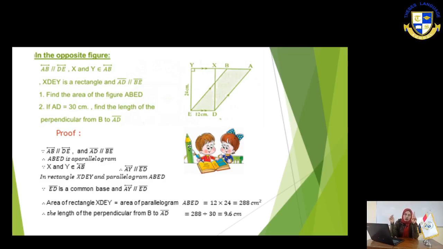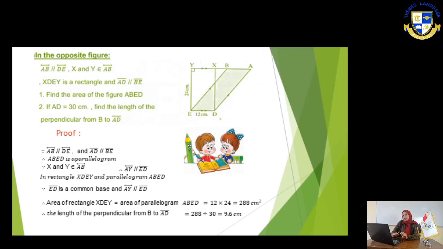Here we have the two conditions, common base and two parallel lines. The area of the rectangle equals the area of the parallelogram. So we can say that 12 times 24 equals 188 centimeters squared. So the length of the perpendicular from B to AD equals 188 divided by 30 equals 9.6.